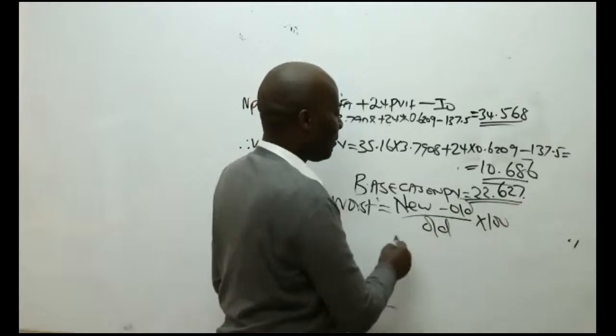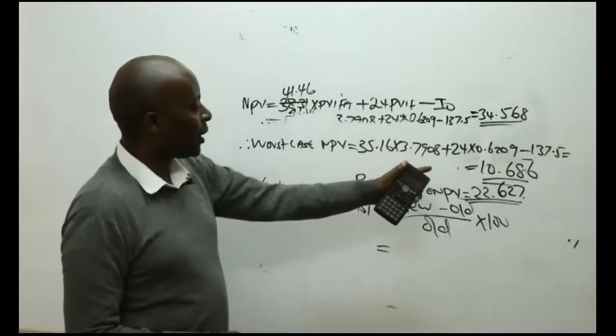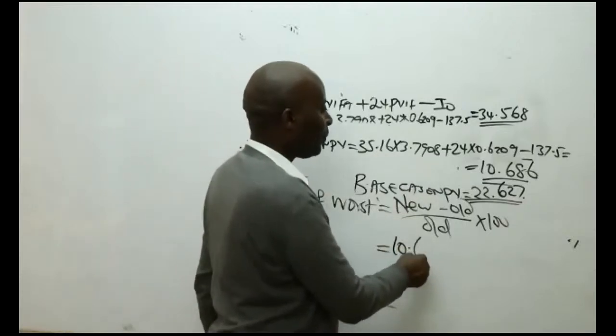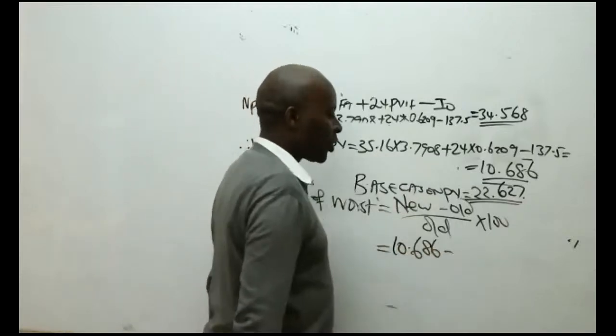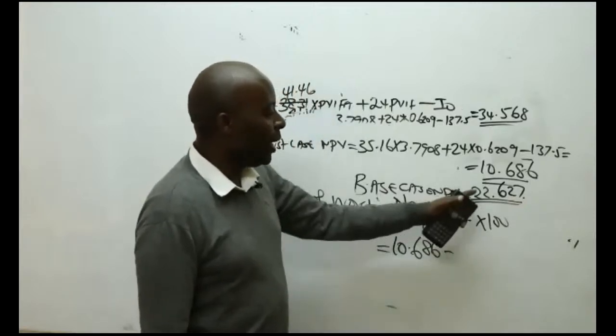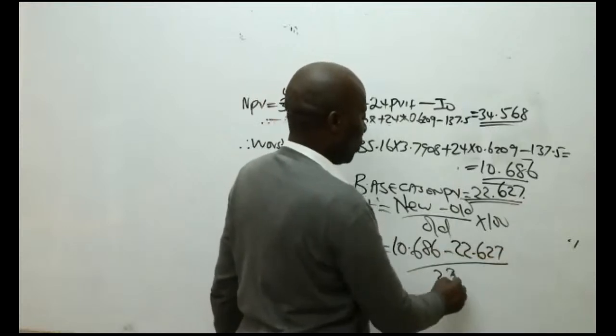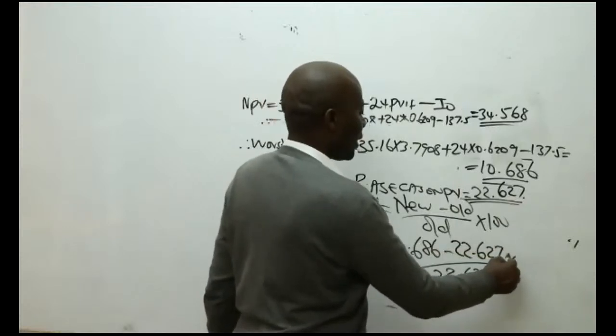Whatever we get there times 100. So the new, which is the worst, is 10.68 minus the old, which is the base, 22.627, all over 22.627 times 100.